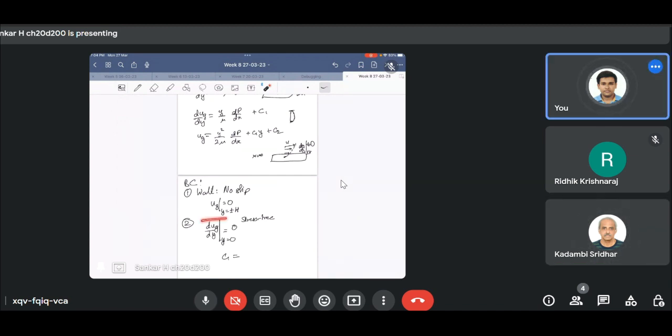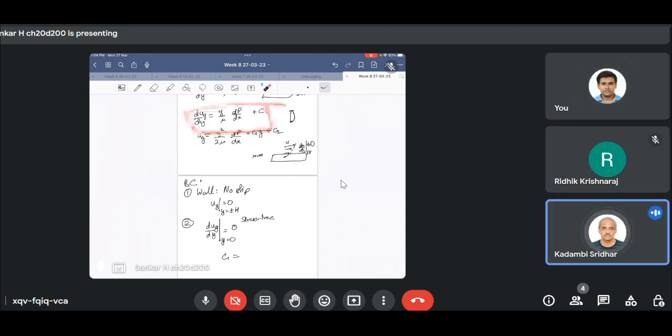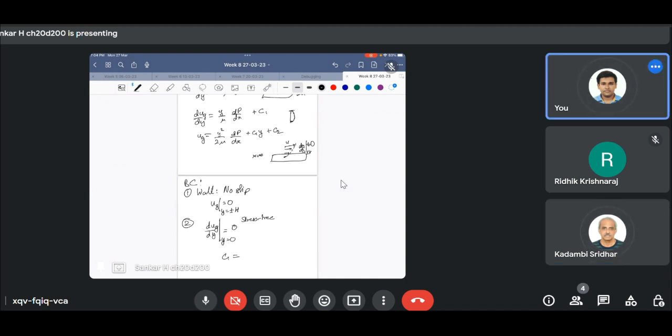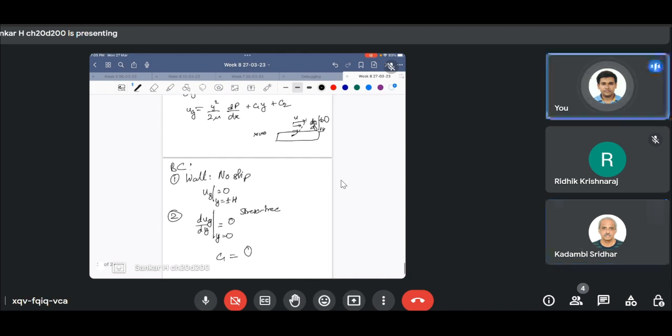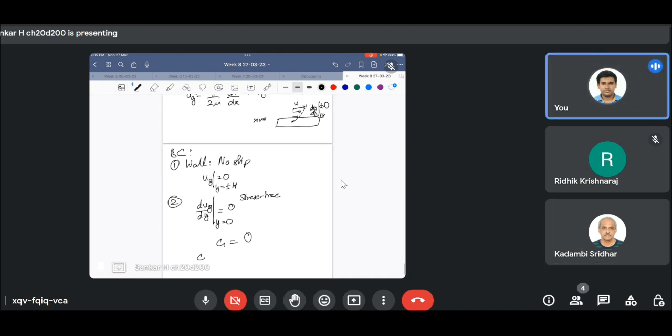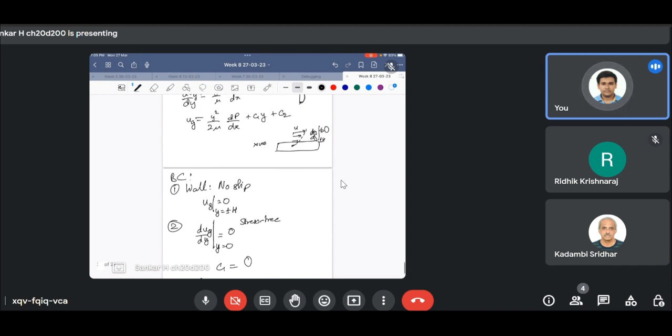No, I'm putting the second boundary condition over here. So C1 becomes negative of h by mu dp by dx times y, but y is 0 there. Oh, I'm sorry, C1 is 0 then. Yeah, exactly my point. So C1 will be 0.